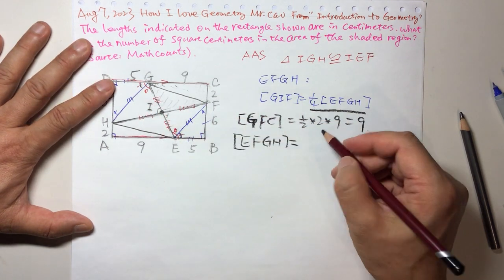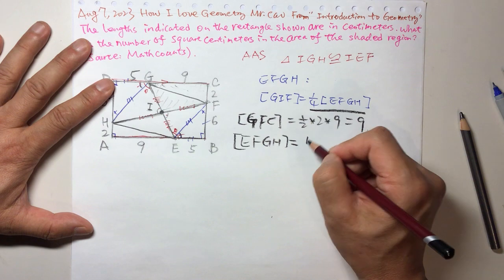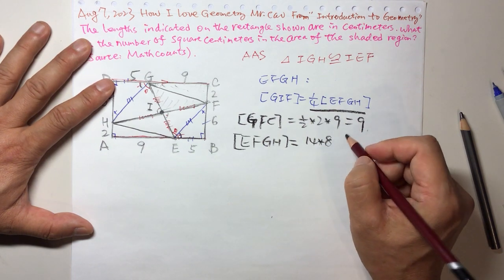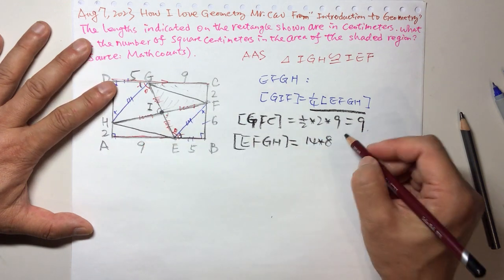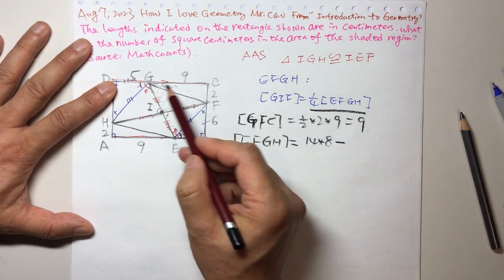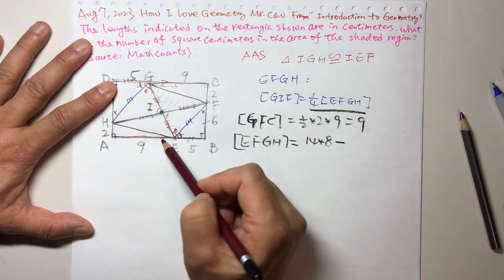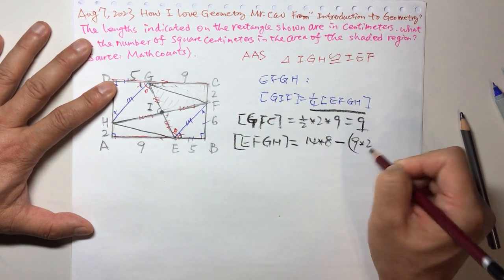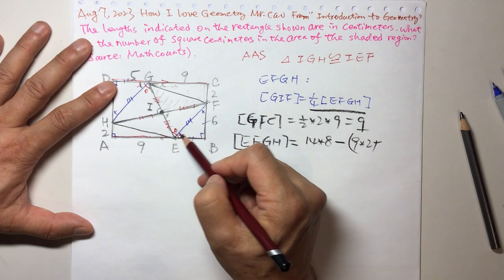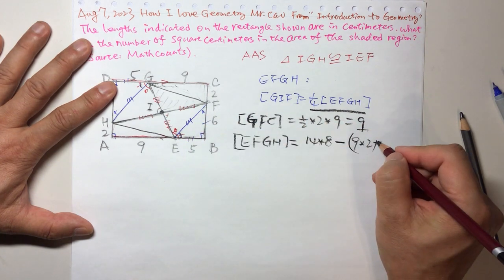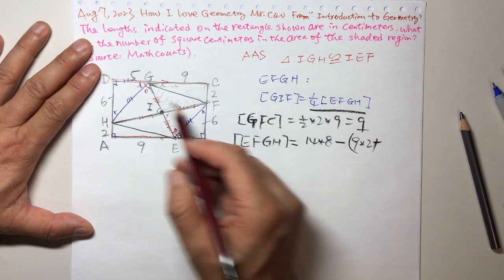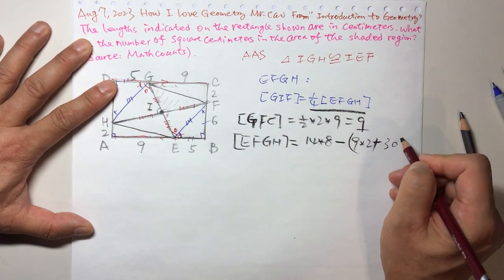Total area is 14 times 8, right? And minus the area of 2 of this one. So we know 1 is 9, so 9 times 2. And the area of 2 of this triangle, so we know 1/2 times 5 times 6, now 2 is 30.